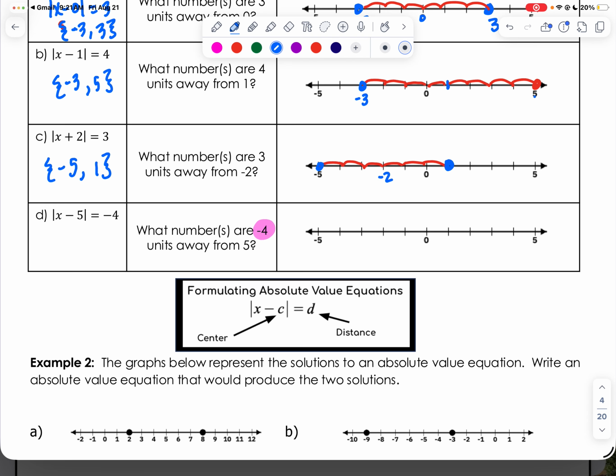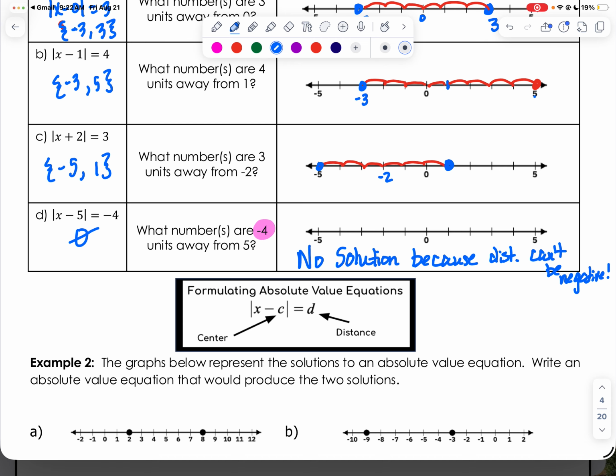So for this problem, I'm going to say that there is no solution because distance can't be negative. So I would simply use the no solution symbol for my answer.